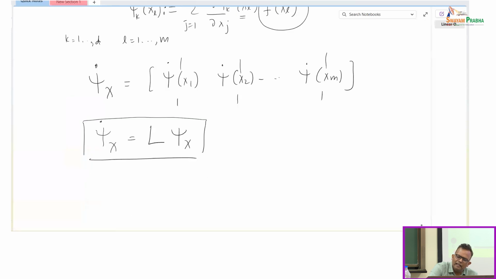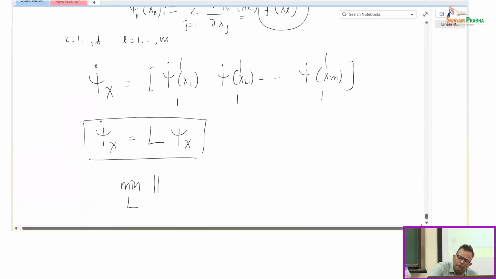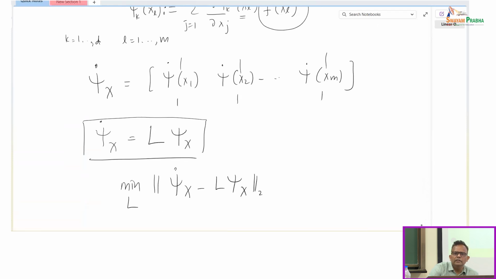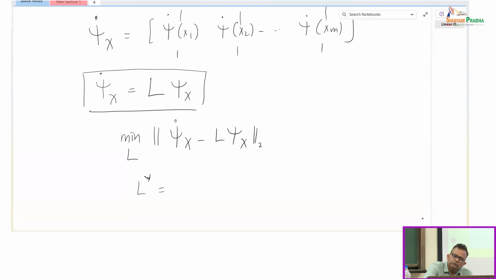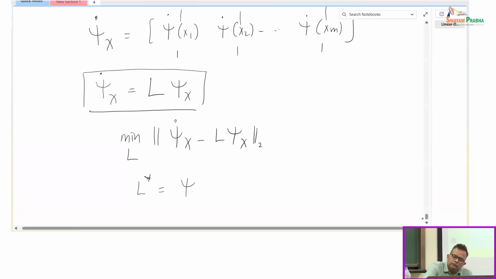Again, you can write it as a least squares problem: minimize over L the sum of psi dot of x minus L psi of x, and then you get a least squares solution for the generator. So your L star will again be psi dot of x times the pseudo inverse of psi of x.